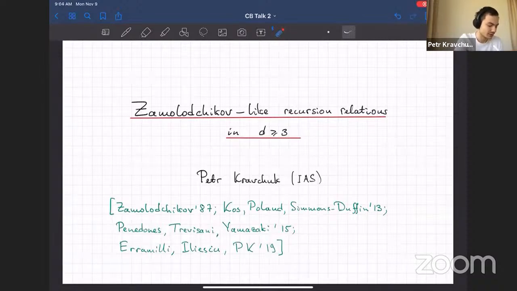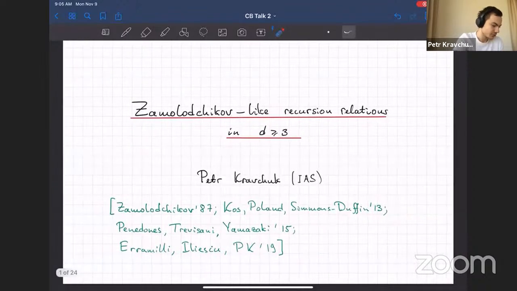Basically, today I'll review these recursion relations, and then discuss our recent paper from last year where we computed the ingredients of these recursion relations for all blocks in 3 dimensions. That's something that I think is useful for numerical bootstrap in 3D.